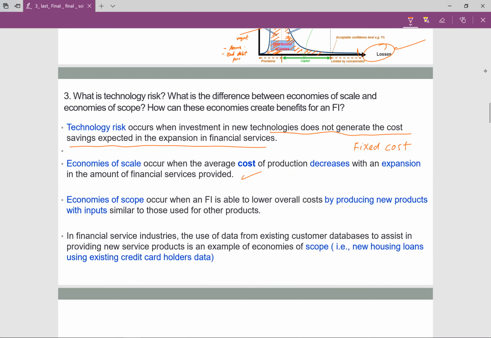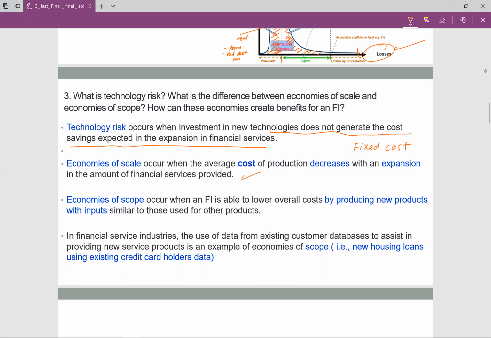Then I can say also, what if I offer them car loans? The same group. I know their behavior, I know their income. So actually, there is a cost when I collect the information of the credit card. But I will not use it only for the credit card.